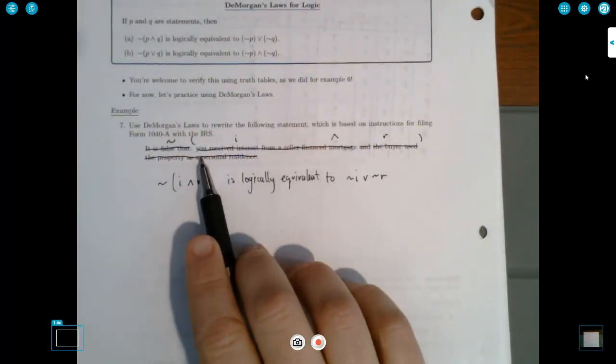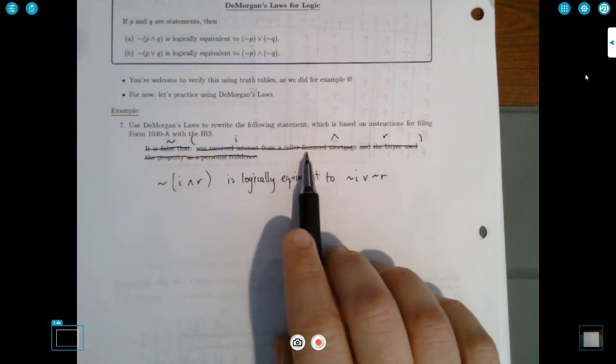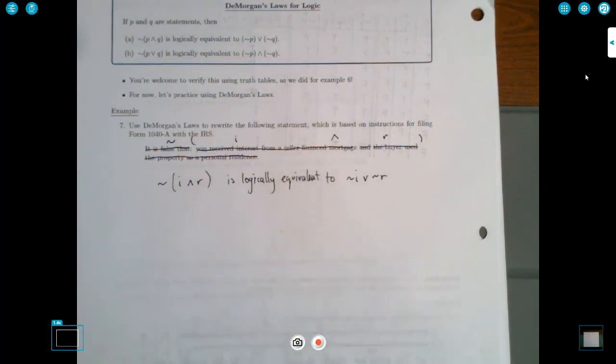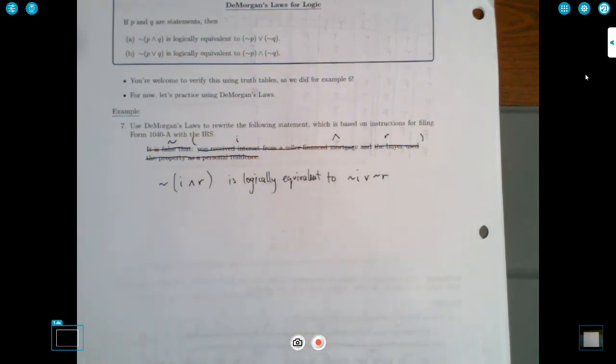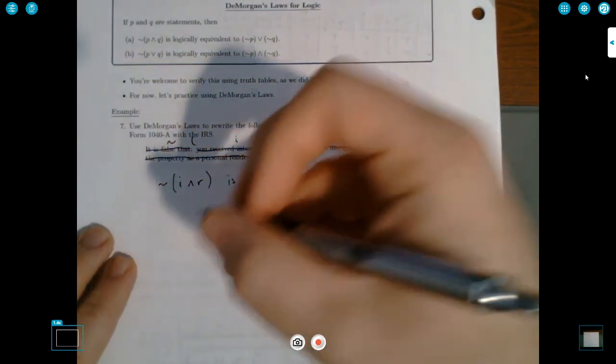Well, I was the statement you received interest from a seller-financed mortgage. So not I would be you did not receive interest from a seller-financed mortgage.